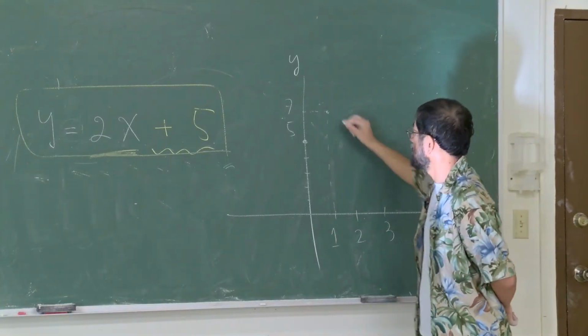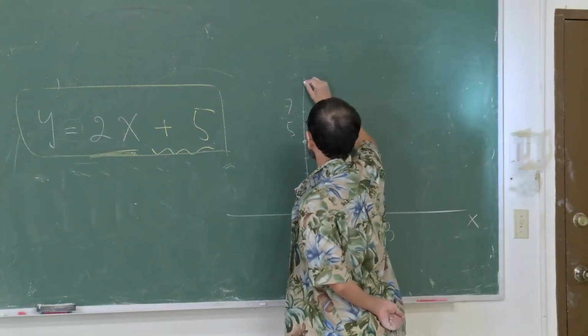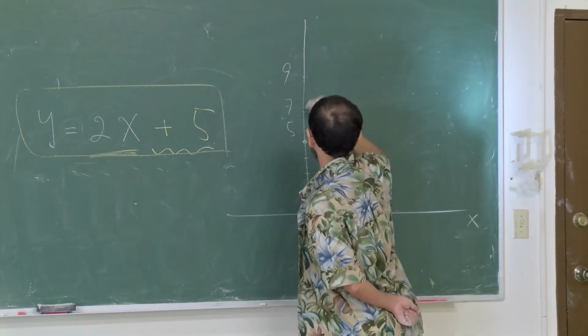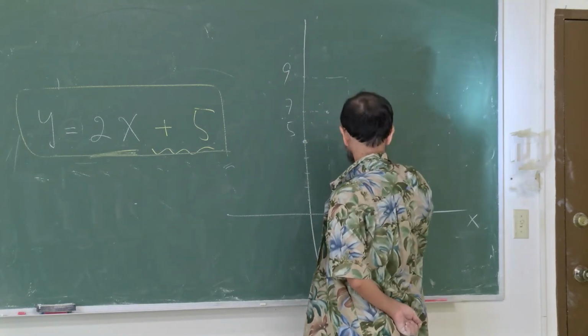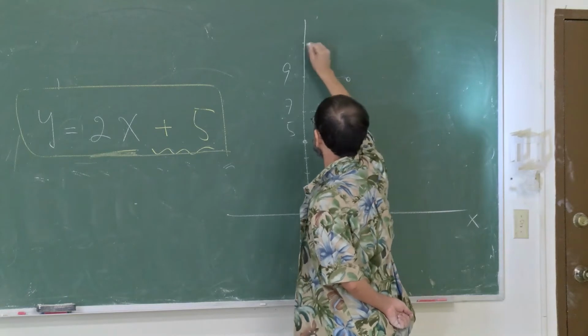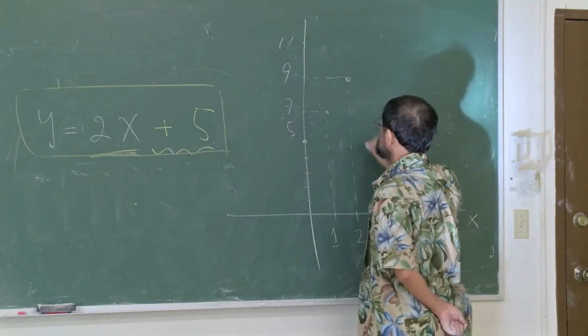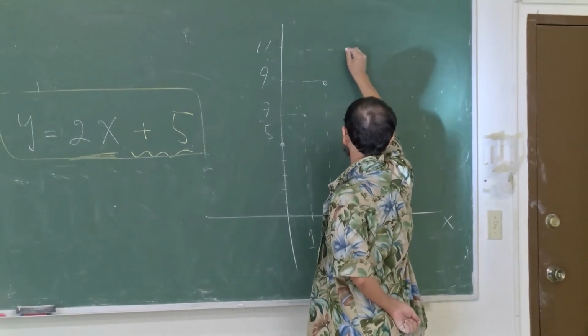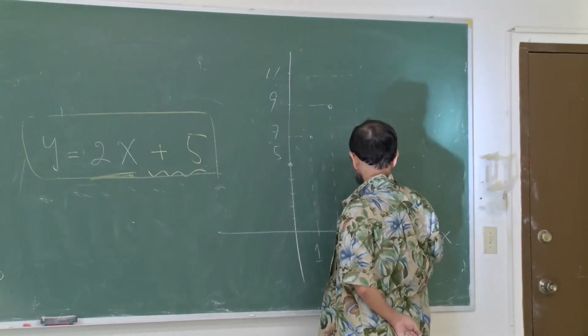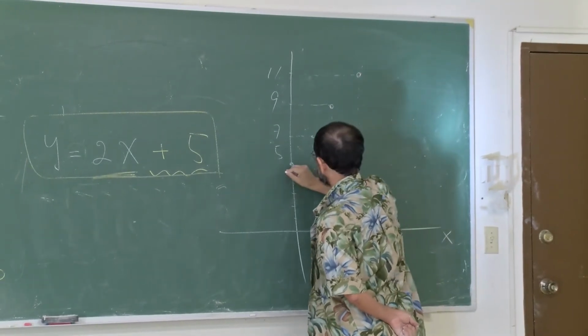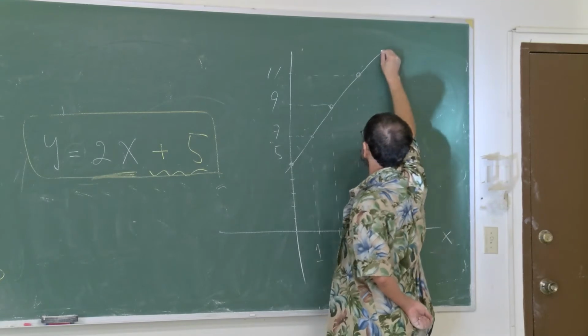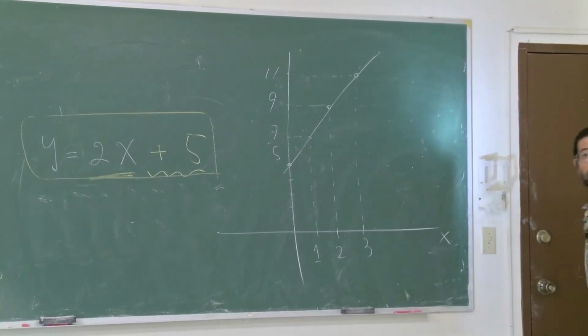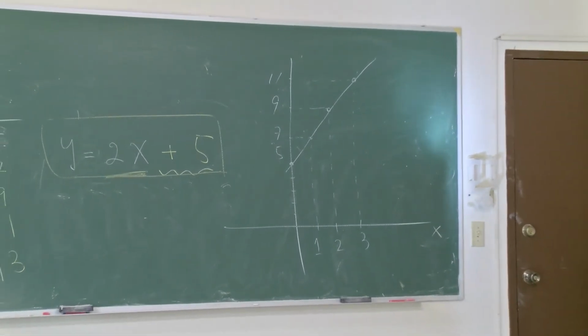X is 2 and y is 9. X is 3, y is 11. And as you see, if you connect these points, it is going to be a straight line. So that's why this function is called a linear function.